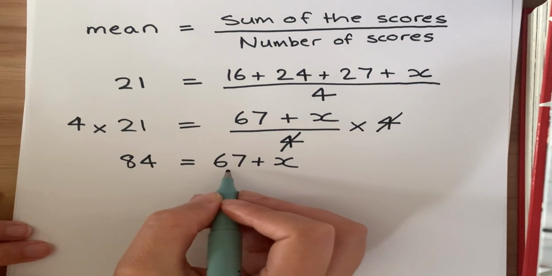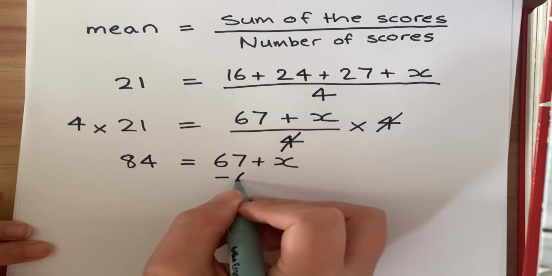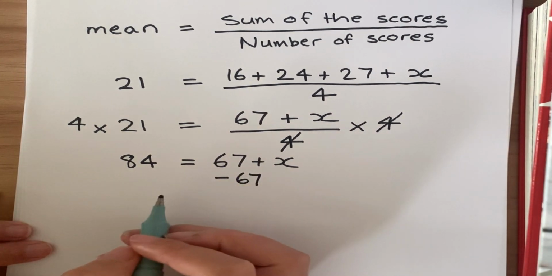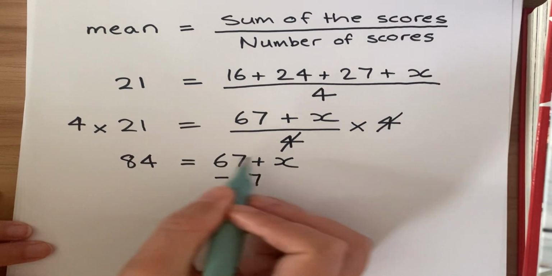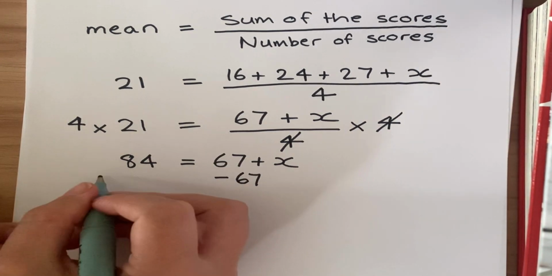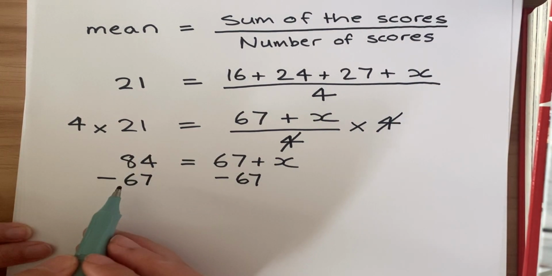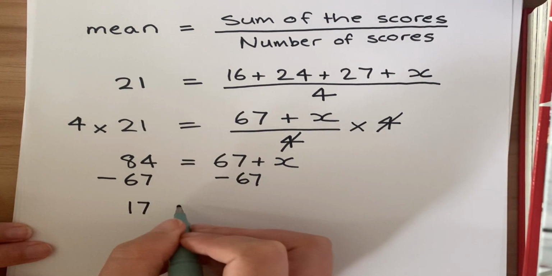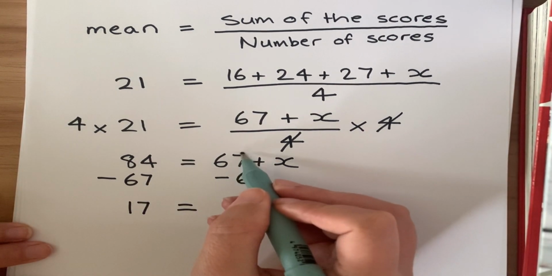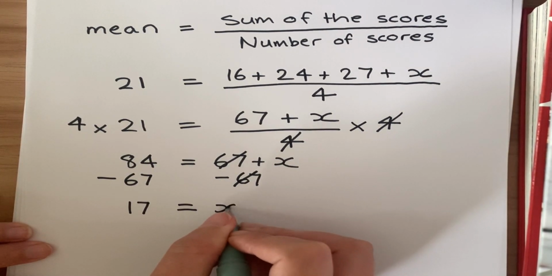So if we want to get rid of this 67, we just need to subtract 67, because 67 minus 67 is just 0, and then we're just going to have x by itself. So if we subtract 67 from this side, we need to do it over here as well, don't forget. On the left-hand side, we're left with 84 minus 67, which is 17. And on the right-hand side, these cancelled out, that's why we did it, and we're just left with x.